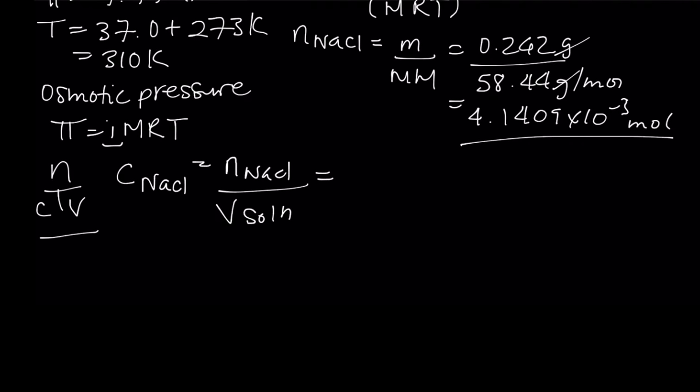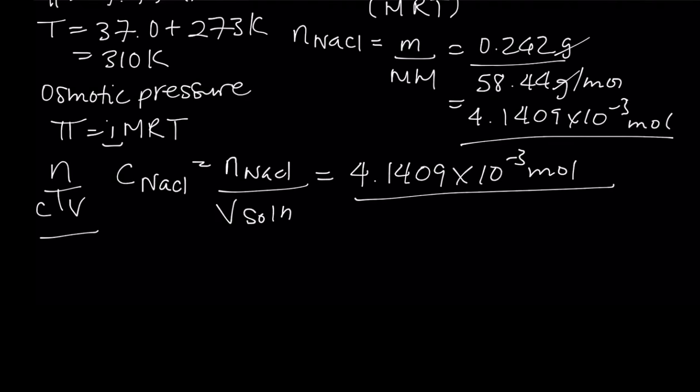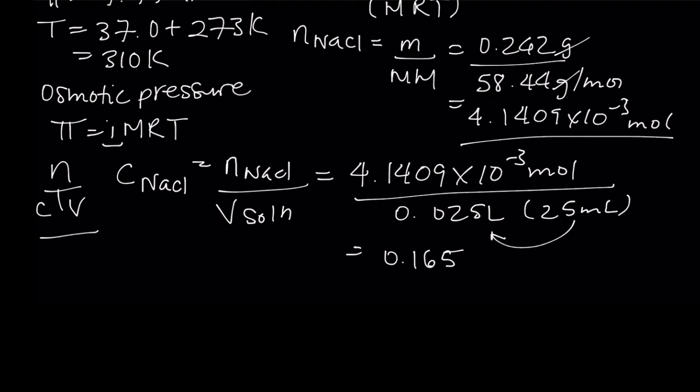So the moles which we found here was 4.1409 times 10 to the negative 3 moles divided by 0.025 liters, or that's 25 ml, but that has to be converted to liters. And by performing that math, we get a concentration of 0.1656 molarity.